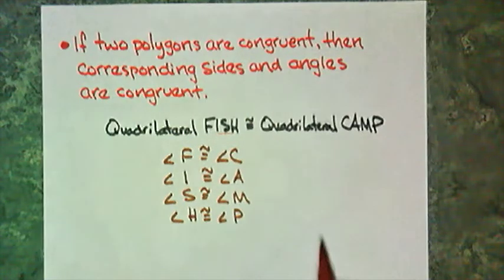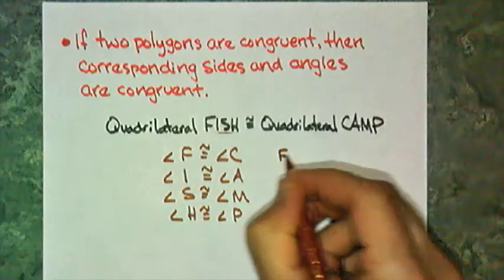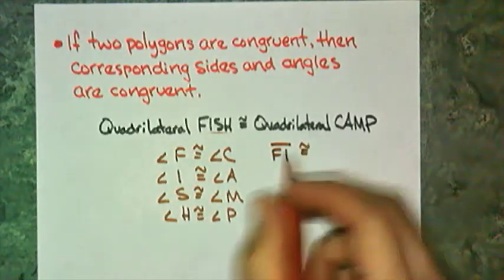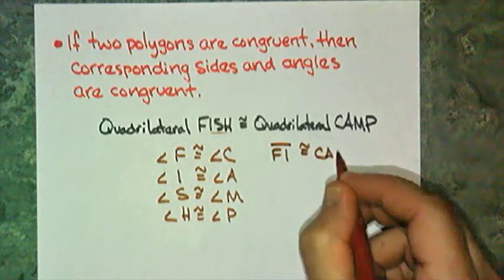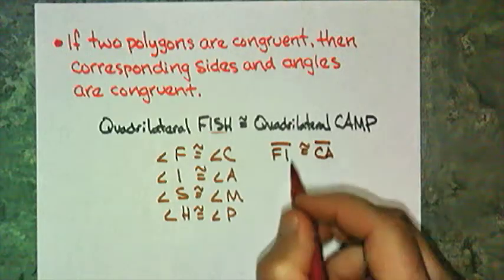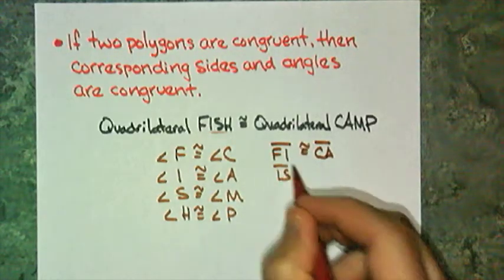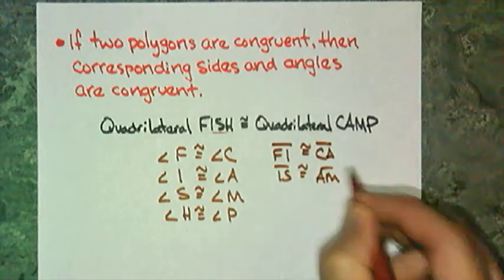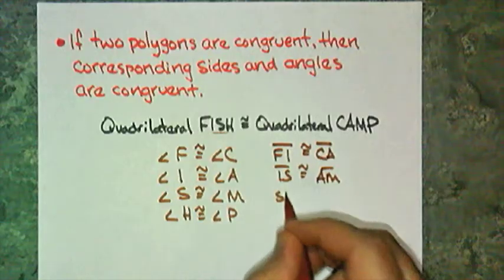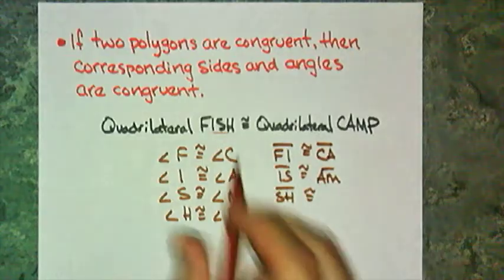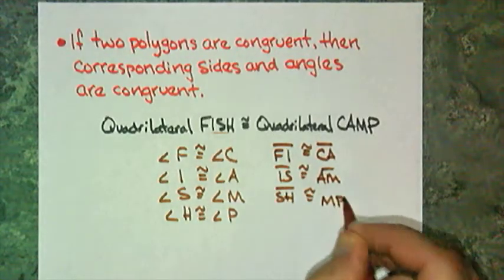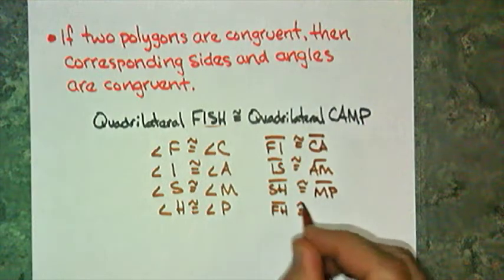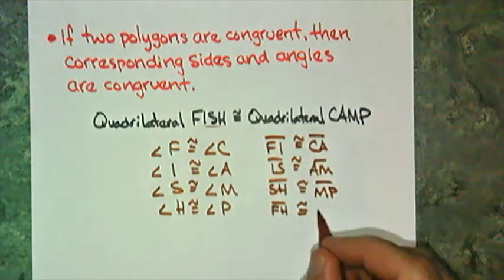Also, those are the angles. Now the sides. If I look at side FI, it must be congruent to side CA. And IS is congruent to AM, SH congruent to MP, and of course FH over here is congruent to CP.